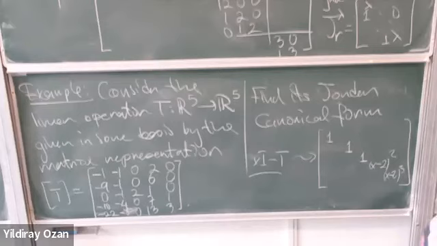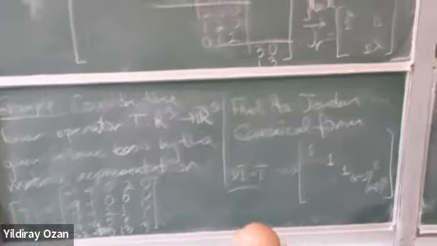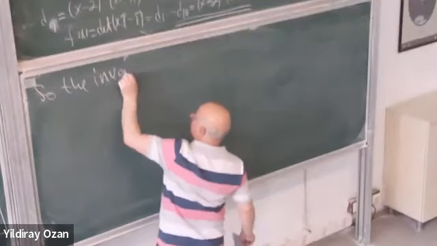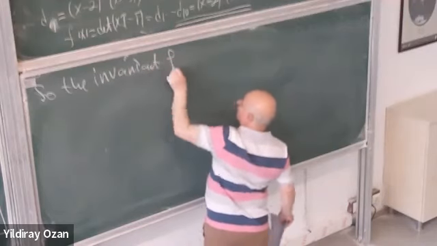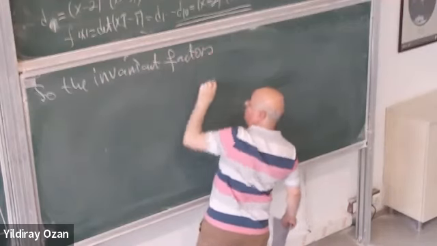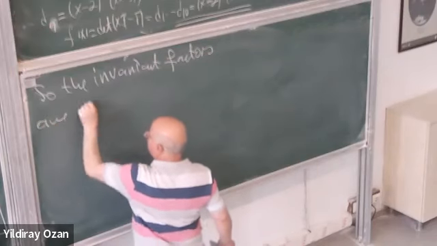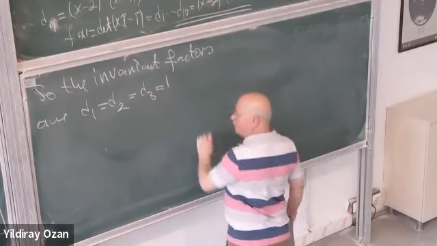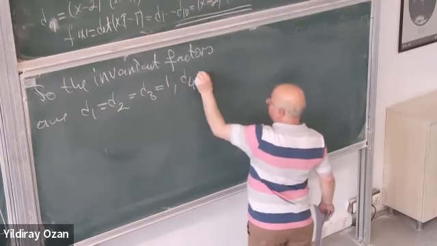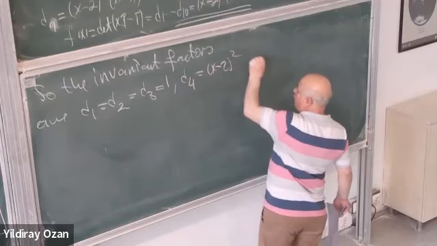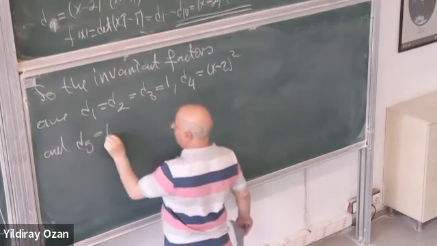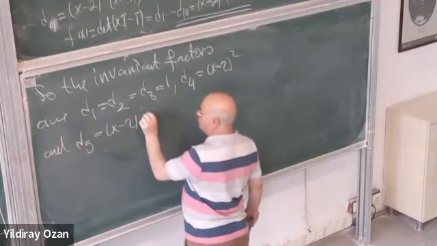So the invariant factors are P1, P2, P3, which are just 1. P4 is x minus 2 squared, and P5 is just x minus 2 to the power 3.